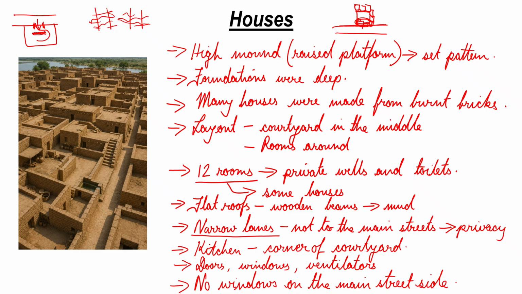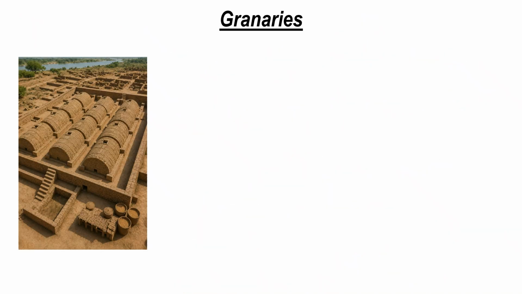Rooms here will not have windows to the outside. Okay, so beside the main street, if there is any room, those windows will not be opened towards the main street. Now we will see another important feature of Harappan civilization, that is the granaries.